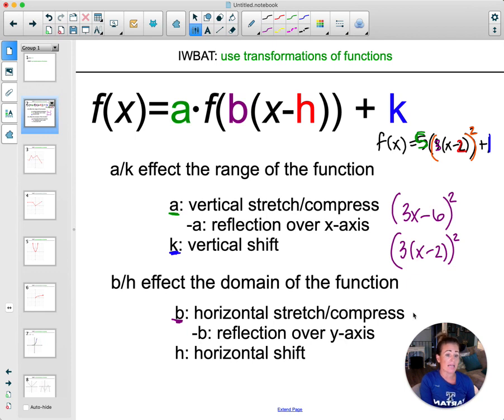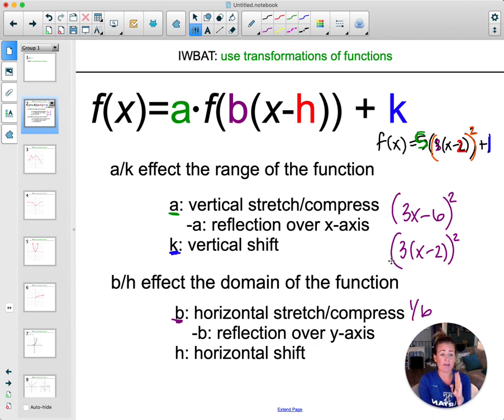So this would be a horizontal stretch by a factor of 1/b. The stuff inside the function impacts the domain, and it's opposite of what you think. If you're multiplying by b, then it's a horizontal stretch or compress by a factor of 1/b. So this one's going to be a horizontal compress by a factor of 1/3, since your b value is 3.